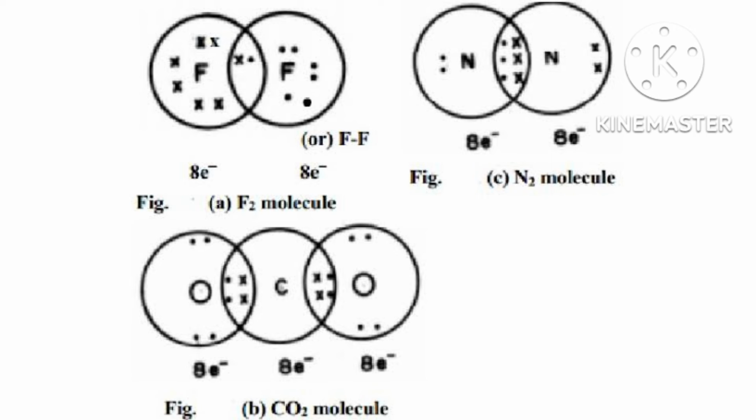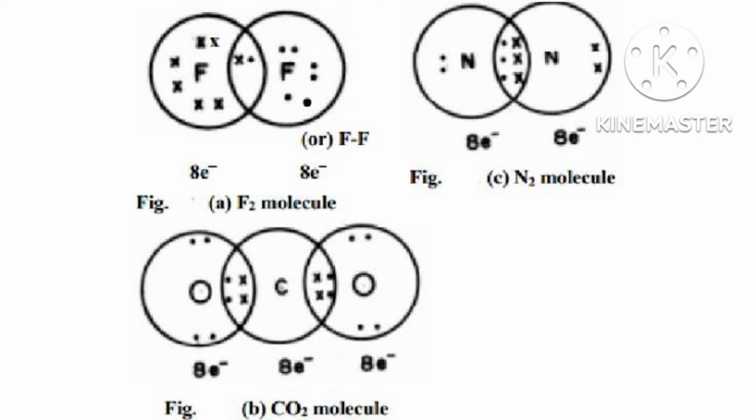You know n is the period number; n may be 1, 2, or 3. In ns2 np6, s2 p6 means 8. You only have to change the value of n, while s2 p6 is common. That's why the noble gas configuration is given as ns2 np6.